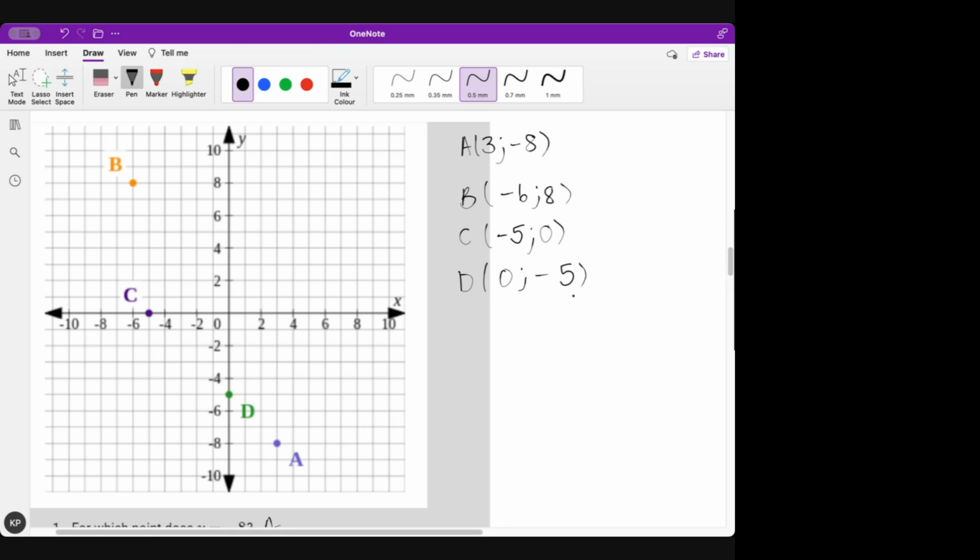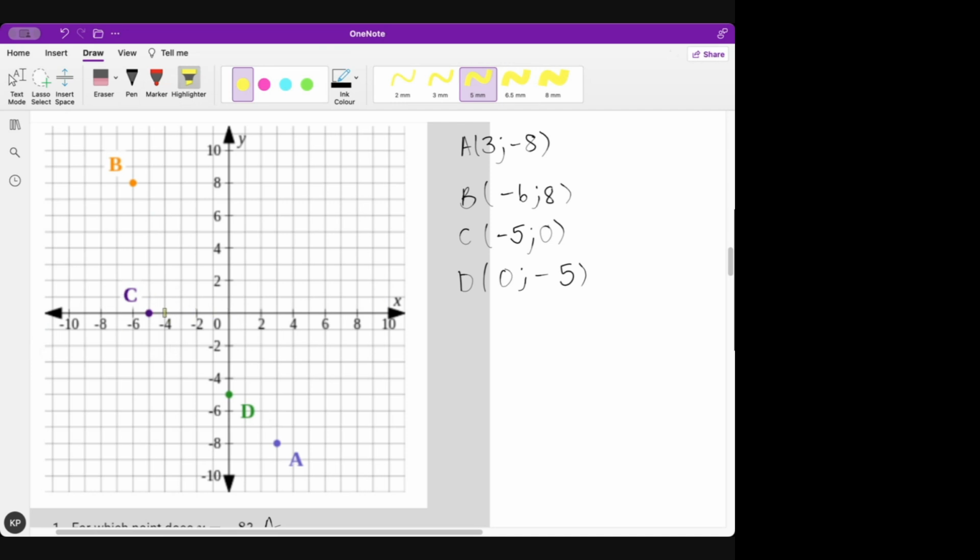Now, we said we would speak about why the coordinates are 0. If you look at C and D, let's look at C. So C definitely moved horizontally, right? It's not in the middle of the x-axis. So we know that the x-coordinate is not 0 because it moved to the left 5 times. But it didn't move vertically. You see that it's still technically on the 0 place for y.